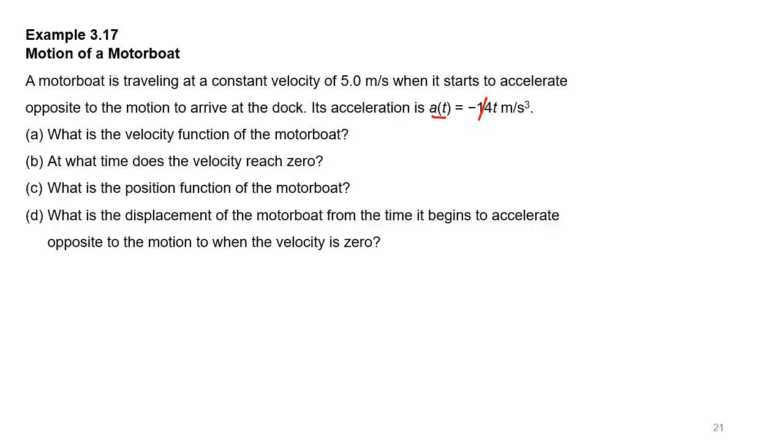What is the velocity function of the motorboat? At what time does the velocity reach zero? What is the position function of the motorboat? What is the displacement of the motorboat from the time it begins to accelerate opposite to the motion to when the velocity is zero? Let's do it one by one. First of all, we should know that acceleration is the rate of change of velocity, dv by dt.